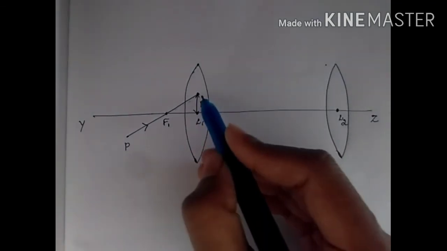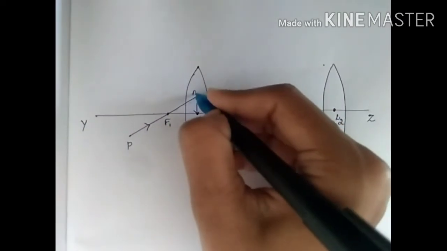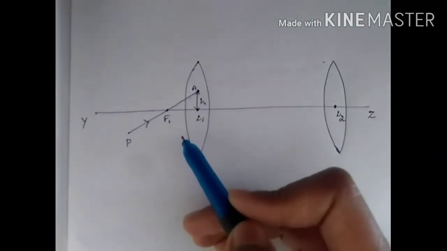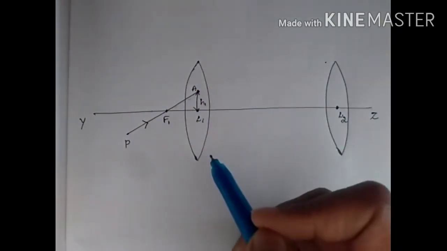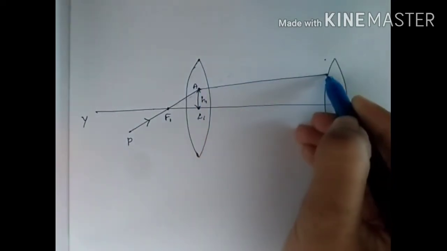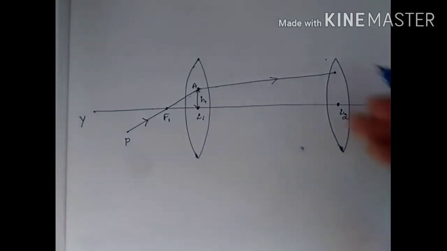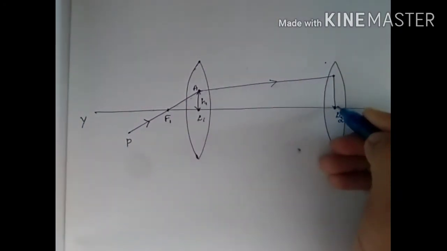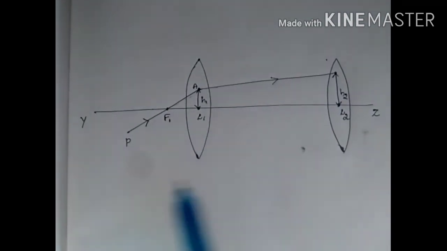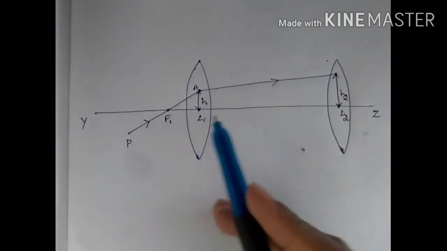The light ray PF1A gets refracted from the lens L1 and falls on the lens L2 at a height H2. If you observe, H2 is greater than H1.